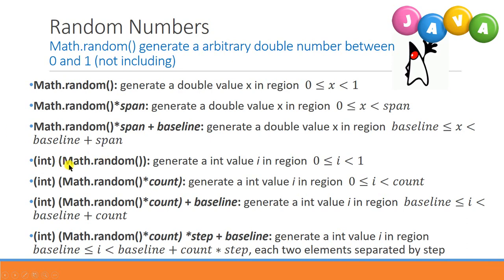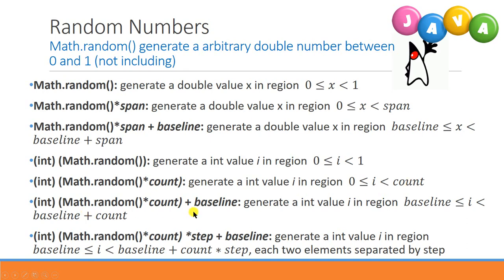And with the quantization like this, we will generate an integer value i that's in the range 0 to 1 but not including 1. And in reality, this only has one sample, that is 0. So this function is actually useless. And then if we times count, we will generate an integer value in the region of 0 to count, but less than count.